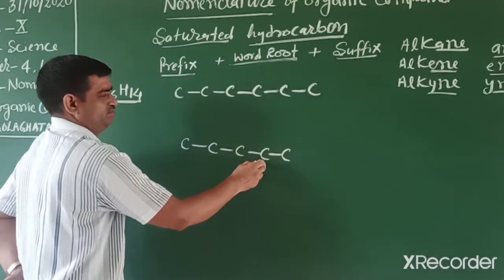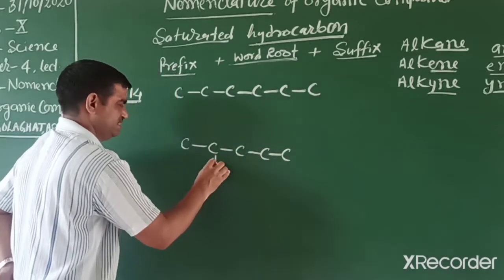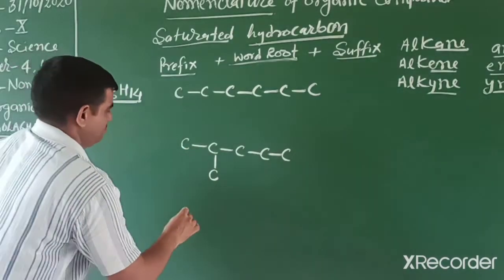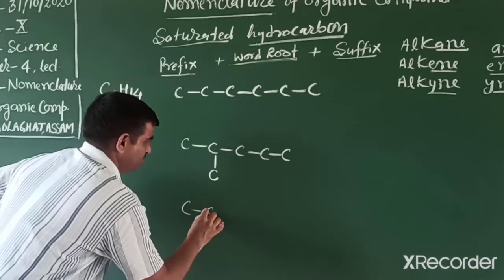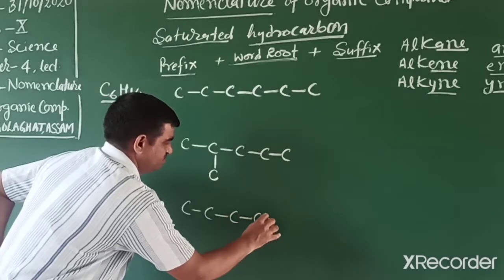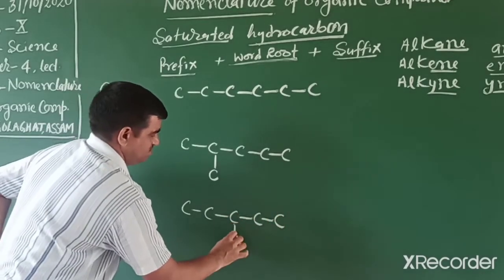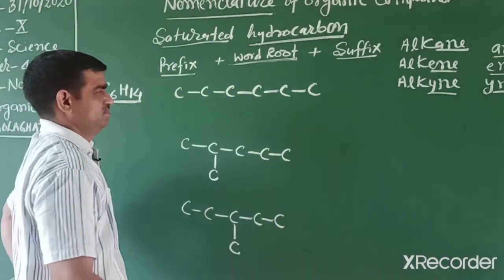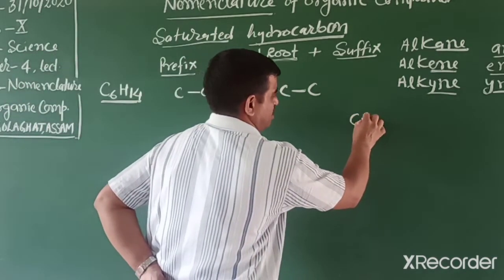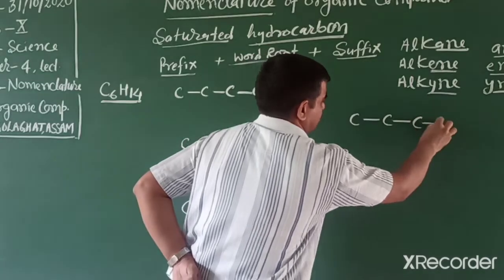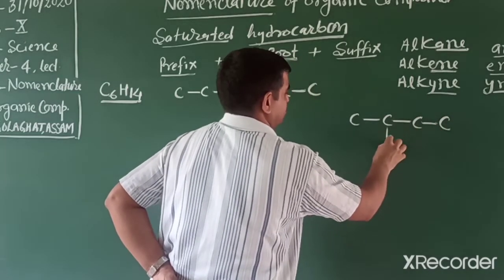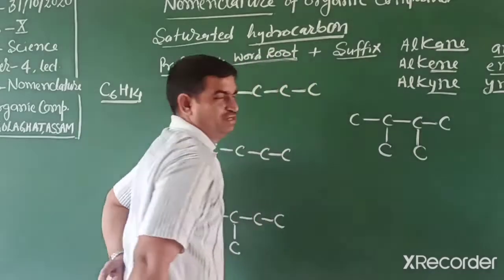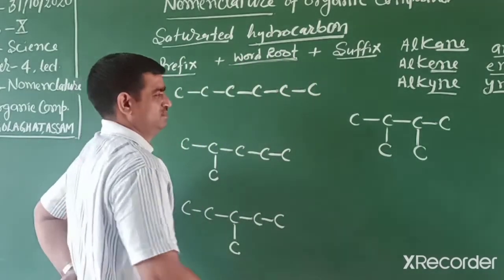1, 2, 3, 4, 5, and then we write a substituent. The next compound I can write with 5 carbon as the main chain and a substituent, and I write like this. Then I write 4 carbon as a straight chain and 2 carbon as substituents on different carbons.